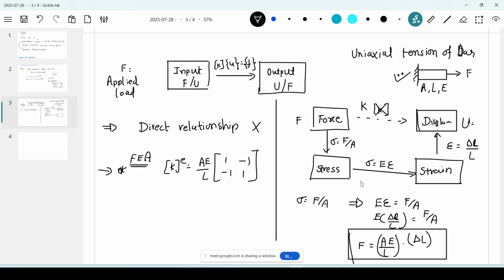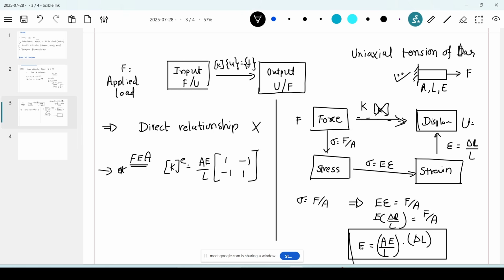Even for this 1D structure, we can directly calculate the displacement from the force. But in the background there is a relationship between all these quantities: stress, strain.